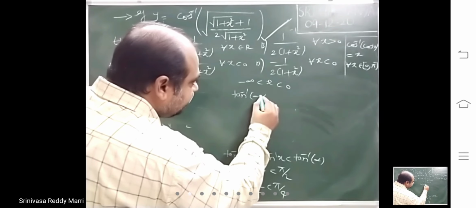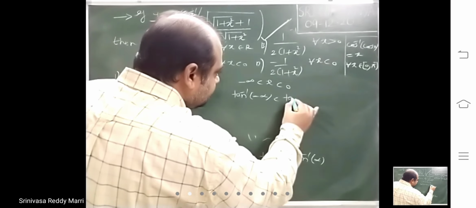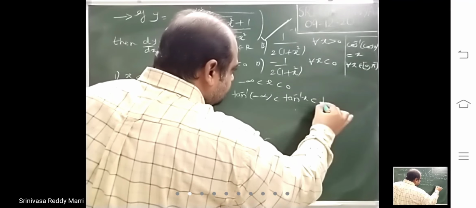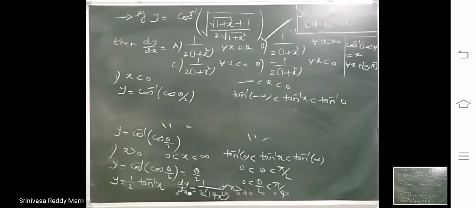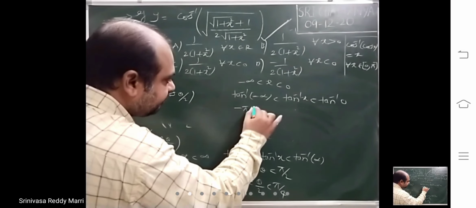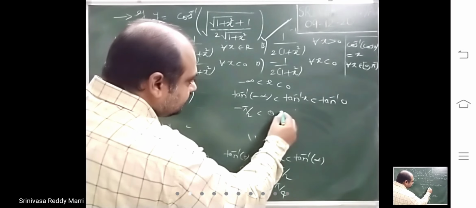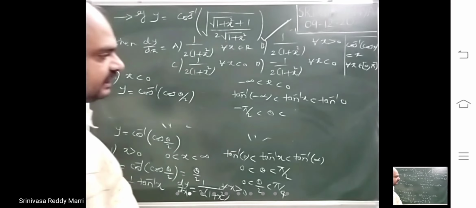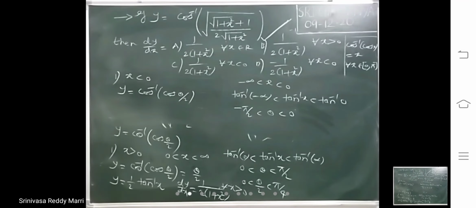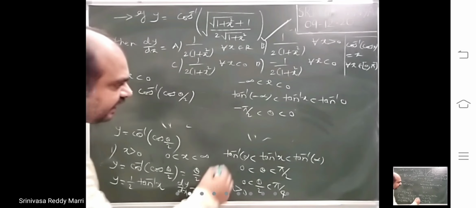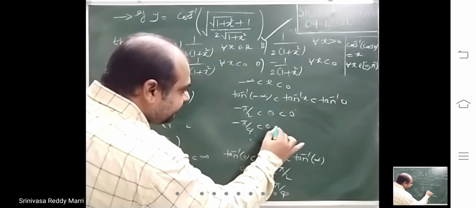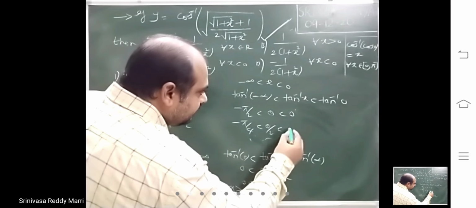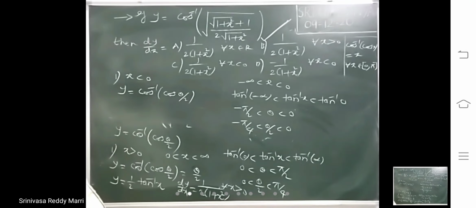Tan inverse minus infinity to tan inverse 0. Tan inverse minus infinity means minus pi by 2. So minus pi by 2 is less than theta, which is less than 0. Now theta by 2 lies from minus pi by 4 to 0.